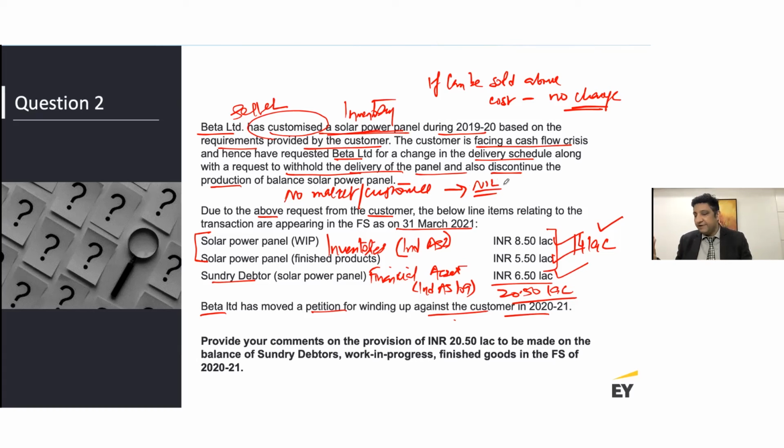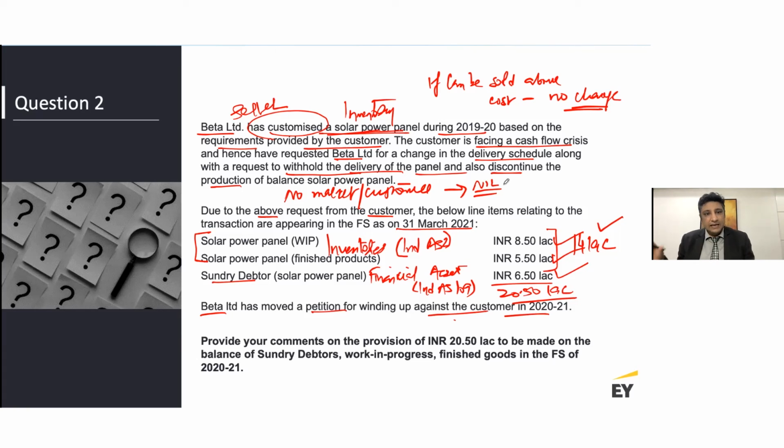And that is where this nil value becomes the net realizable value. And the entire 14 lakh rupees will be charged to the statement of profit or loss, right? That's the way you want to address the measurement criteria for this inventory in this scenario.